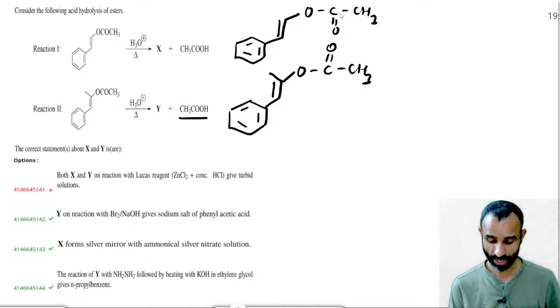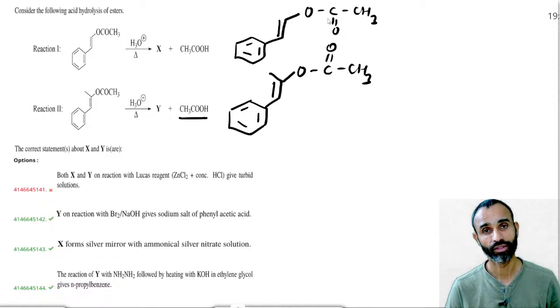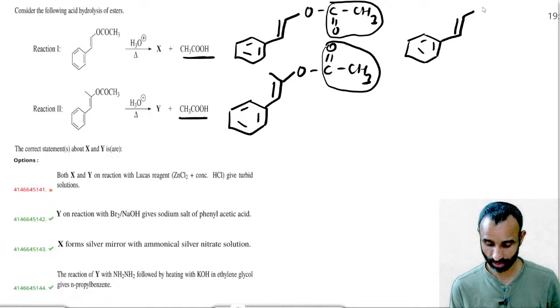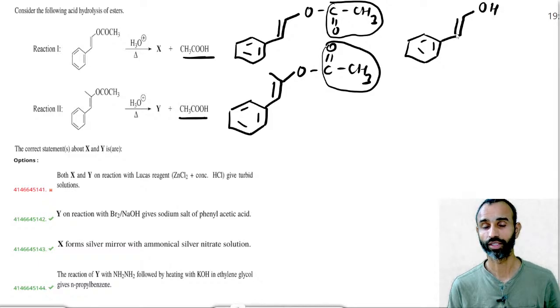When we hydrolyze this ester, we get alcohol and acid. This part gives acid, CH3COOH. Then we get an enol.